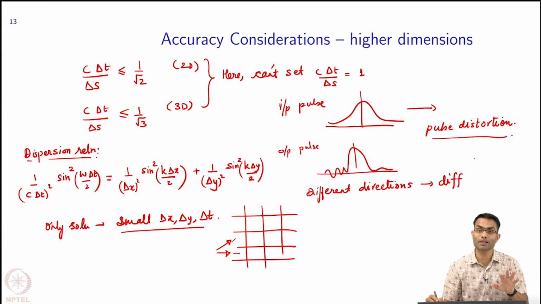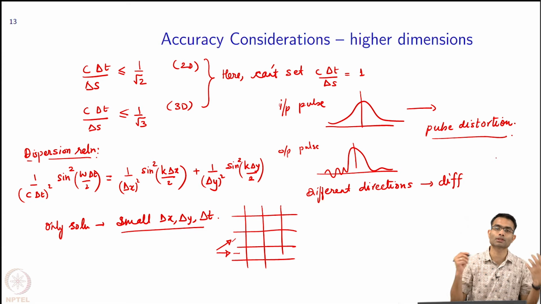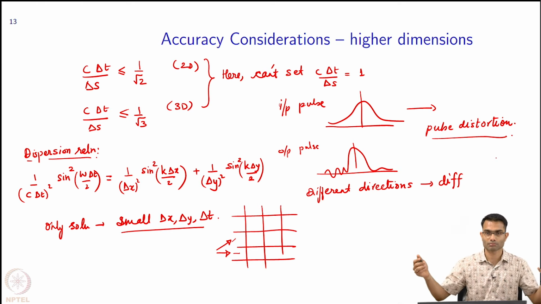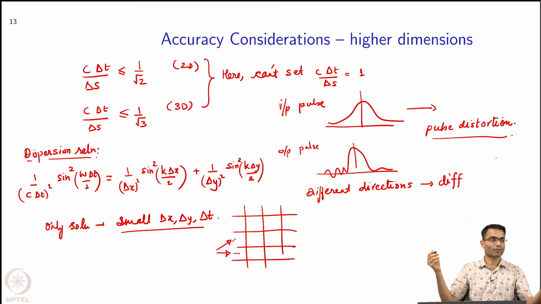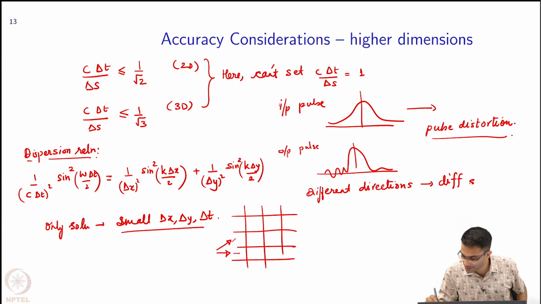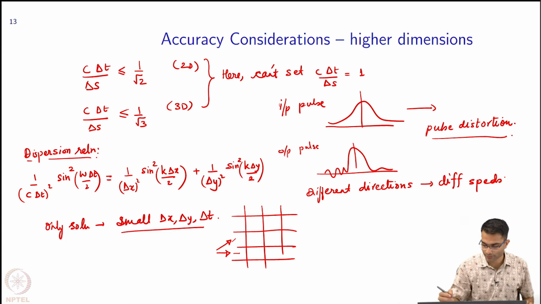The medium being isotropic is a statement about the physical properties of the medium. Air is an isotropic medium, but by virtue of discretizing space and time, and who is discretizing? Not nature, we are doing it in our computer, the moment we do it, we have created an anisotropic material where none existed. So, different speeds in different directions, and I have already given the word away, this is called grid anisotropy.